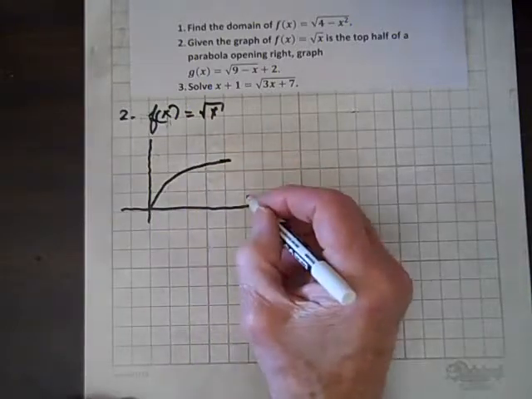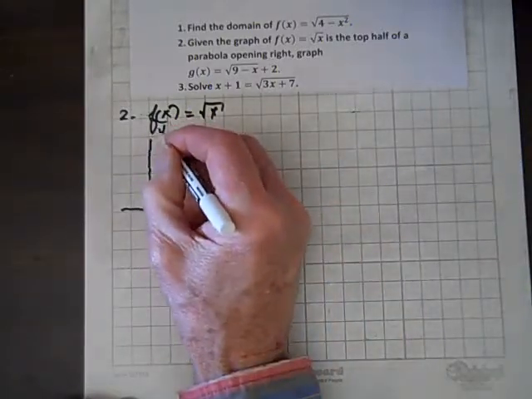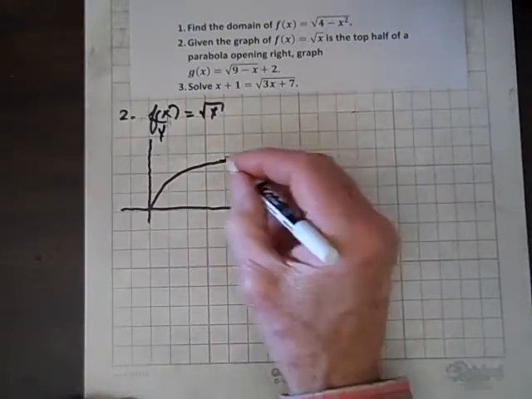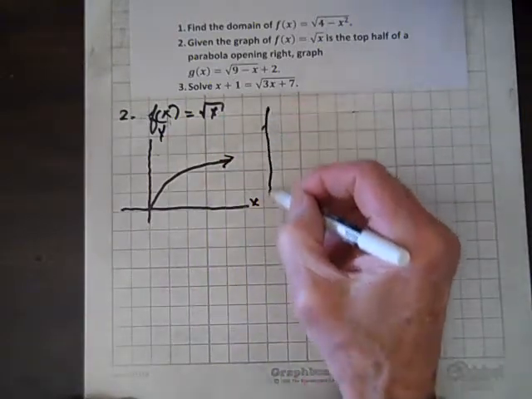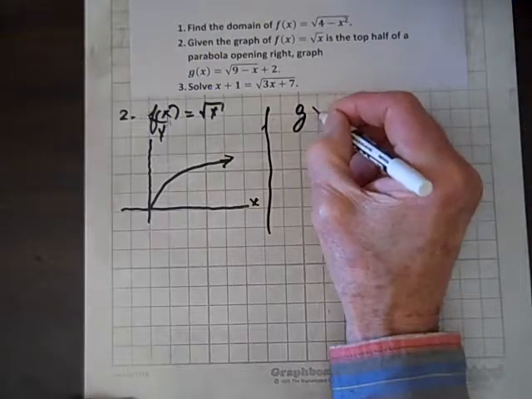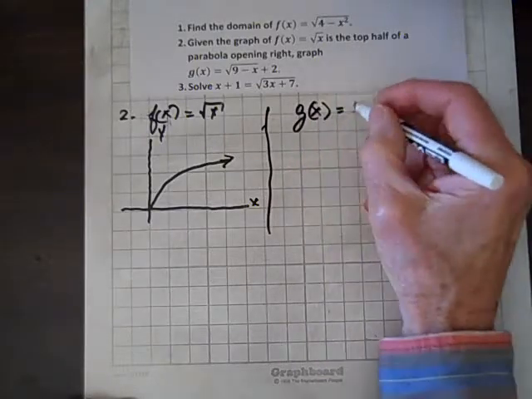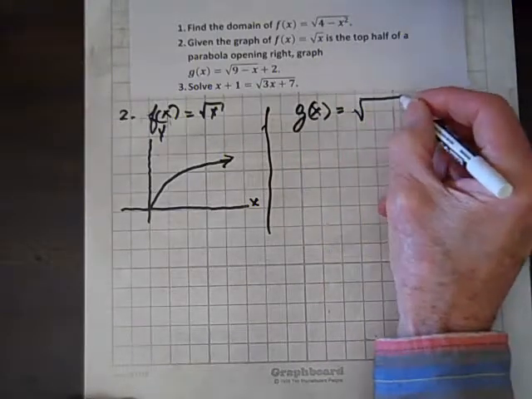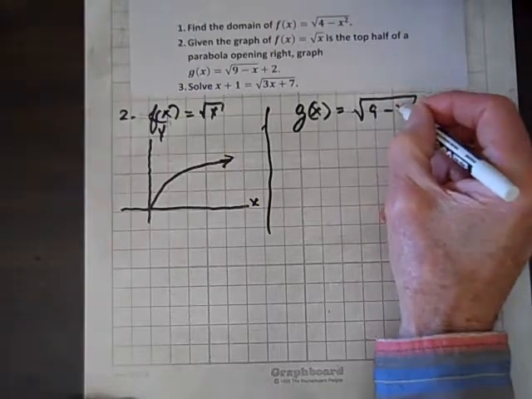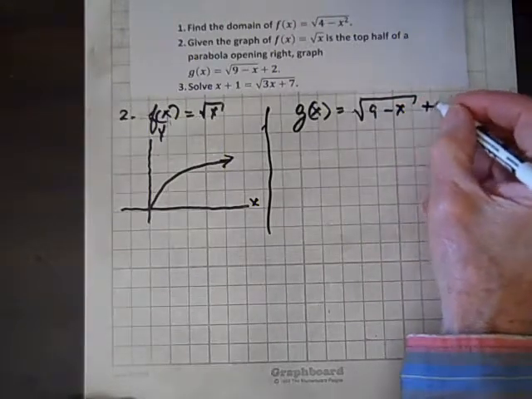There. That's the graph of root x. But we have to find the graph of g of x equals the square root of 9 minus x, plus 2.